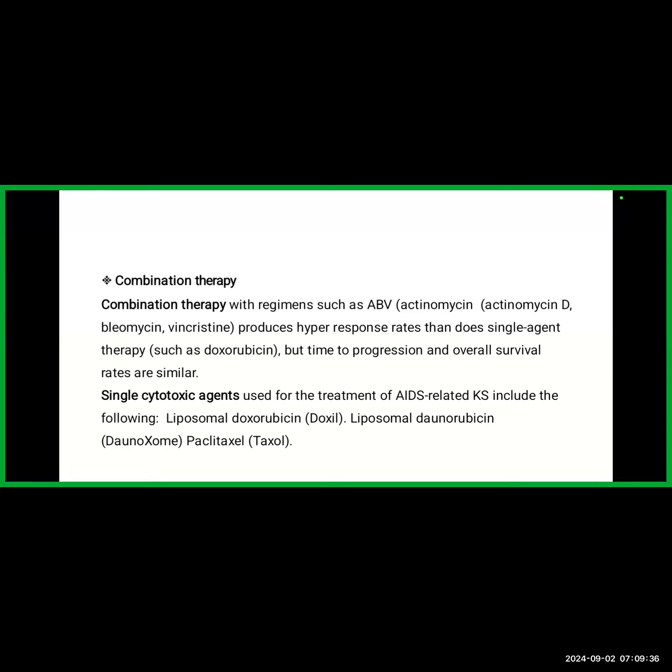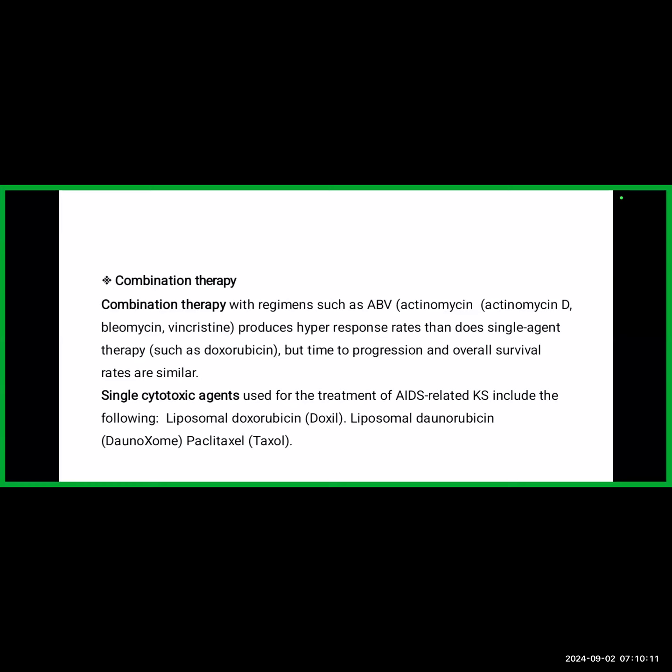But as I said, in disseminated condition where you have large number of tumors or you have visceral involvement, chemotherapy can also be used, in which combination therapy like ABV, actinomycin, bleomycin, vincristine can be used. Some single agents have been shown to have activity against the Kaposi sarcoma, and this has been shown to be very effective because they have lesser side effects compared to the combination therapy.